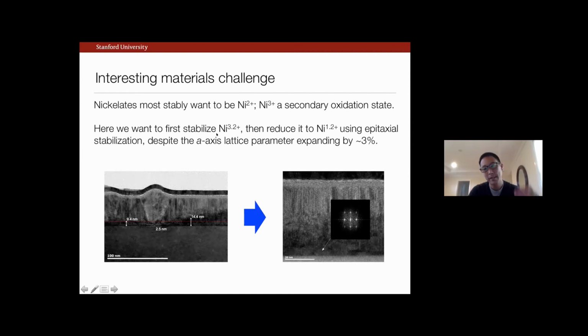We want to take doped versions of this, so very high formal oxidation states, far from stability. Then we want to reduce it to a very unusually low oxidation state. And we want to, as I'll show you, use epitaxial stabilization in thin film form. And this is despite the fact that the lattice parameters between these different versions are changing by quite a few percent. And so just to visualize this challenge, those early partial transition samples look something like this.